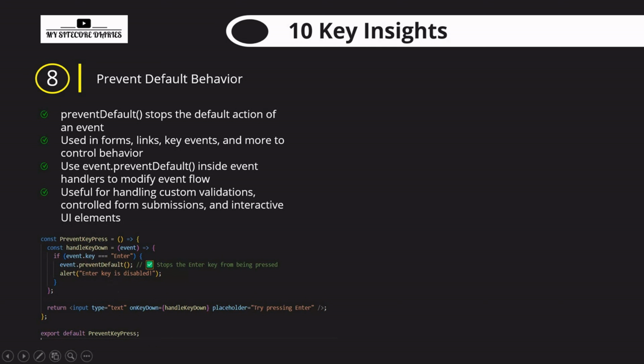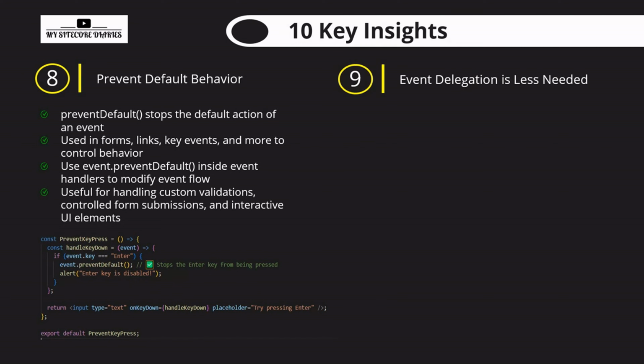Okay, if the user presses the Enter key, then event.preventDefault stops the processing of the event. So if you click on the Enter key, it will give you an alert that Enter key is disabled. So you are preventing the default action here.